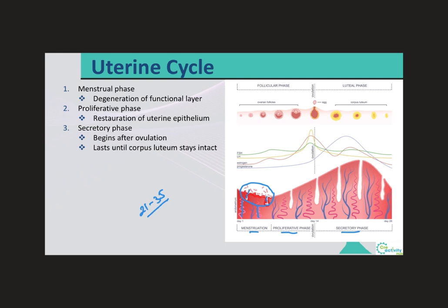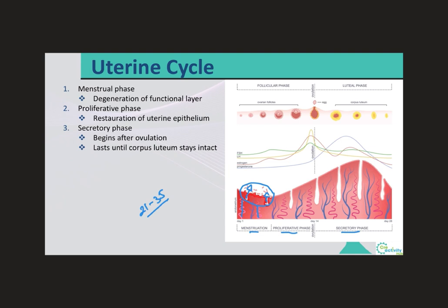And the weakened arterial walls rupture, and blood pours into the connective tissue of the functional layer. Now the blood cells and the degenerating tissues break away from the endometrium and enter the uterine cavity to be shed as they pass through the external os and into the vagina.